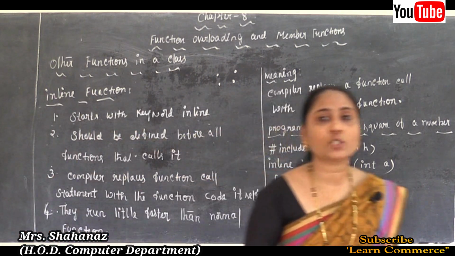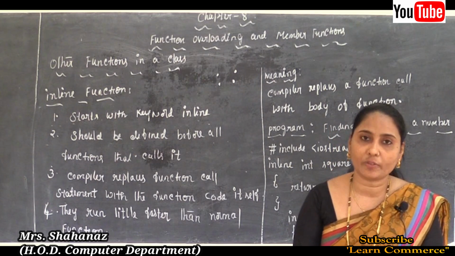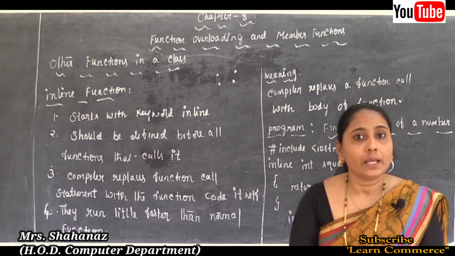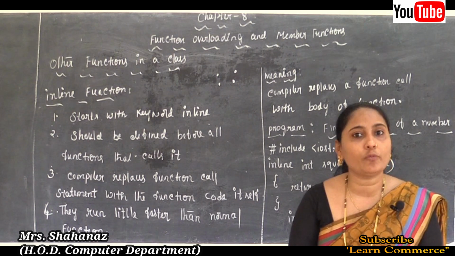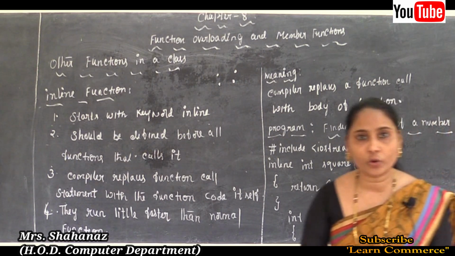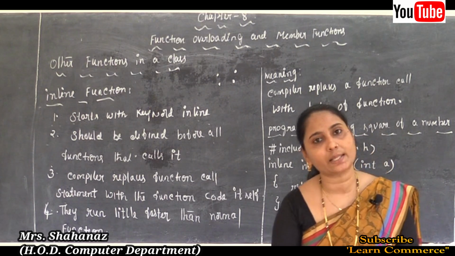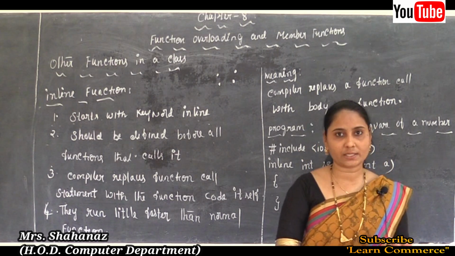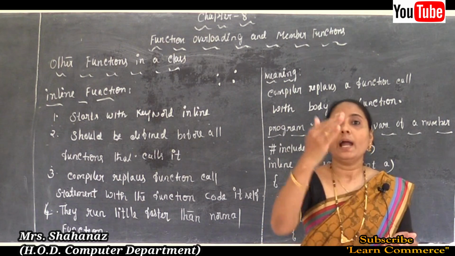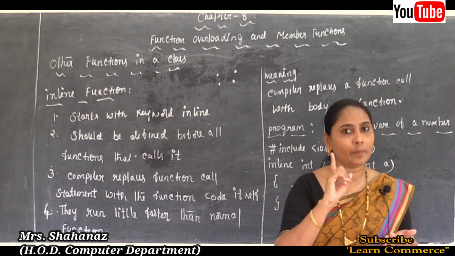Correct? And next one, inside class definition. The meaning of the inside class definition: a function declaration within a class is replaced by the actual function definition inside the class only. What's the difference between our outside class definition and inside class definition? In the outside class definition, first of all we need to declare the member function, and later, outside the class, we need to define the member function.